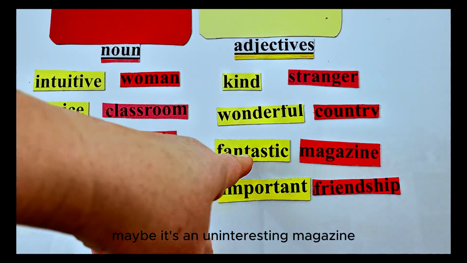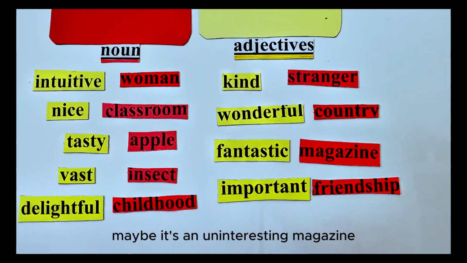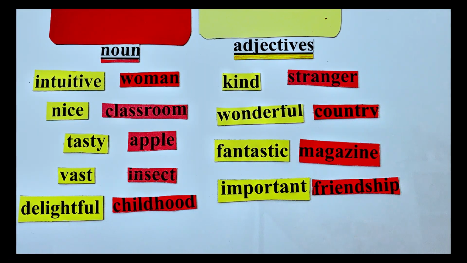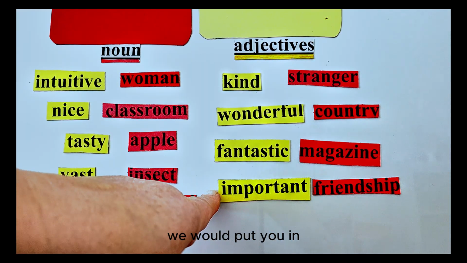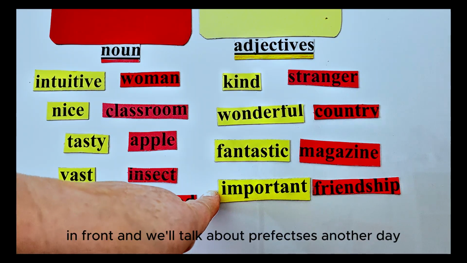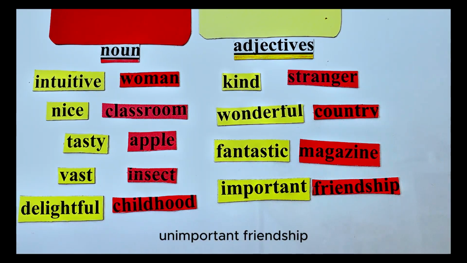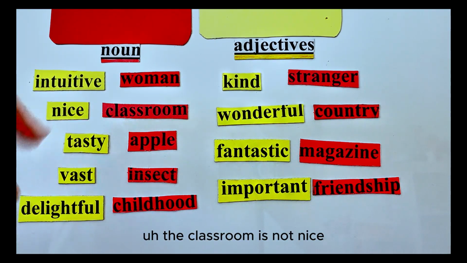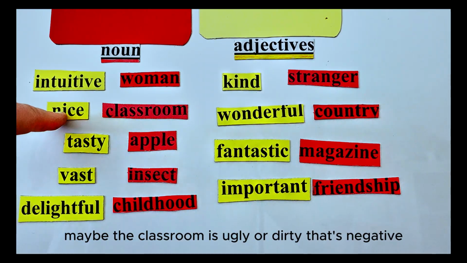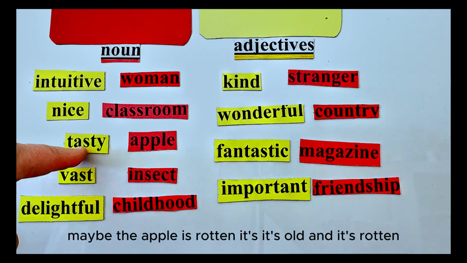Maybe it's an uninteresting magazine or an unimportant friendship. We would put UN in front, and we'll talk about prefixes another day. Unimportant friendship. The classroom is not nice. Maybe the classroom is ugly or dirty. That's negative. Maybe the apple is rotten. It's old and it's rotten.